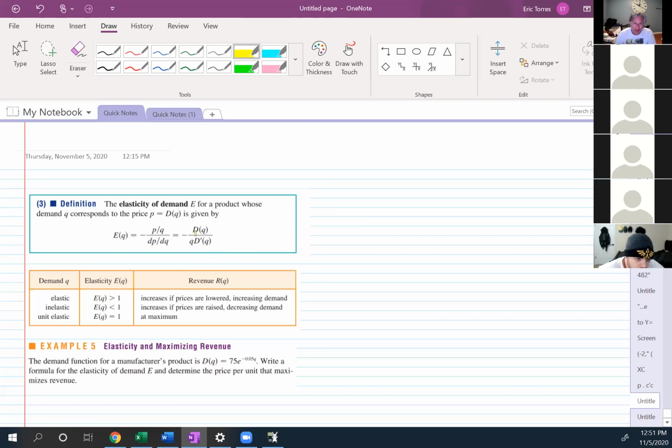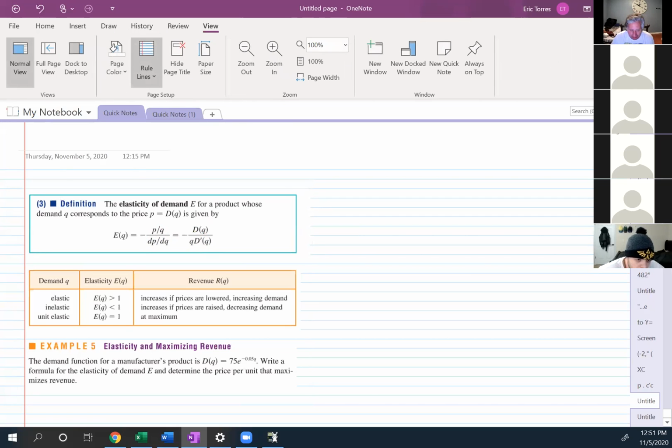So we've got a formula. Some things we need to know about that formula that economists tell us. So what does elastic mean? And this is important. We talk about elastic, inelastic, and unit elastic.